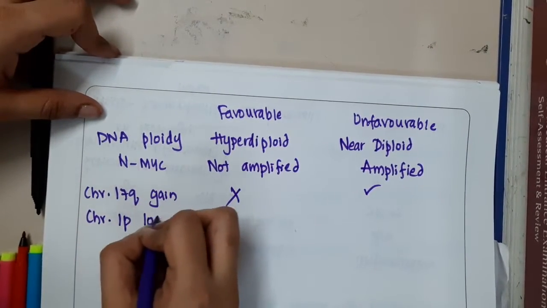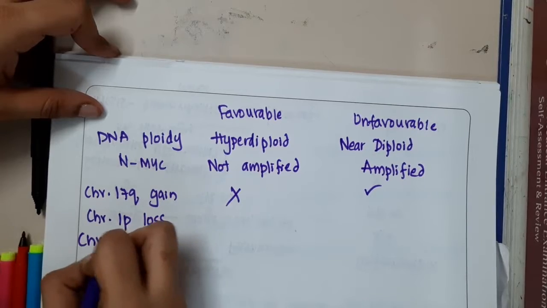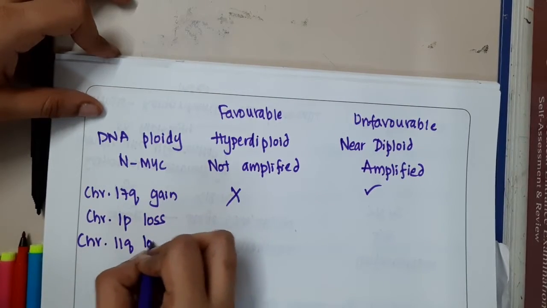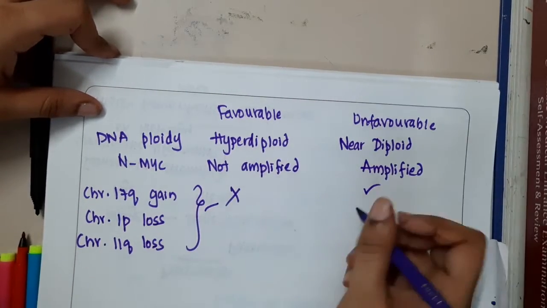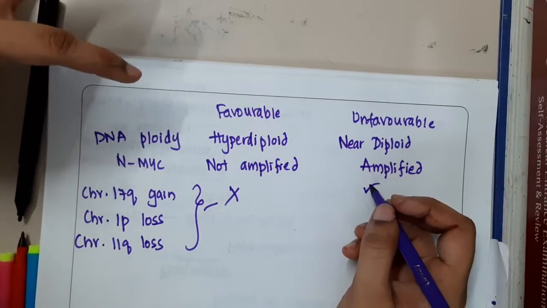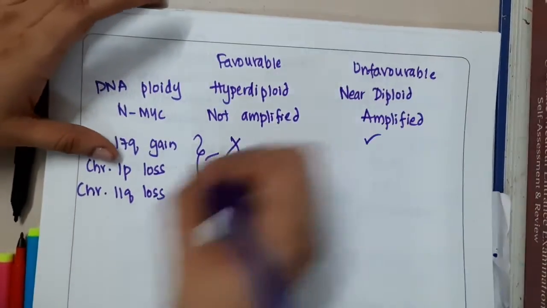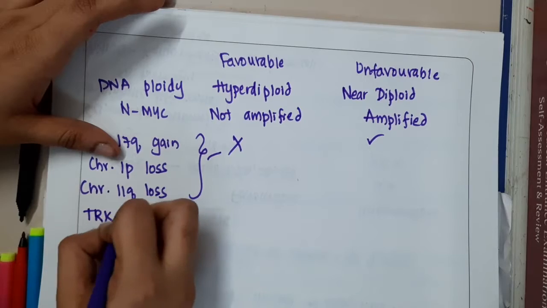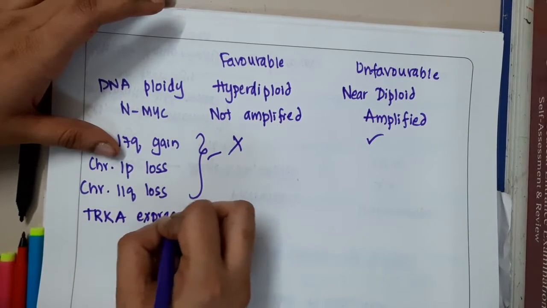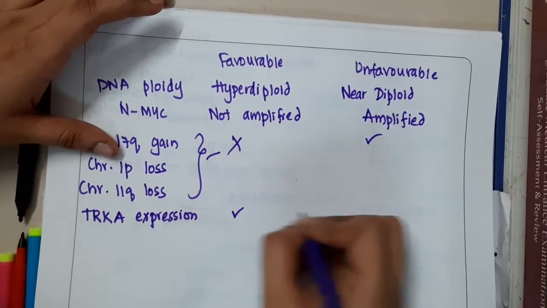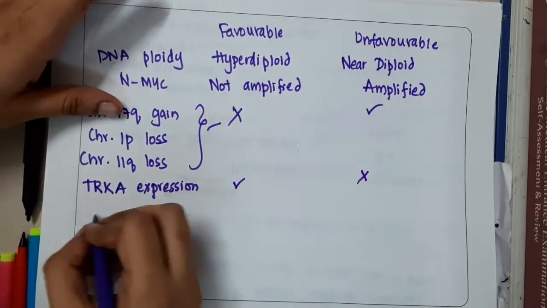Chromosome 1p loss or chromosome 11q loss: if absent, favorable prognosis; if present, unfavorable prognosis. Then TRKA expression: if present, favorable prognosis; if absent, unfavorable.